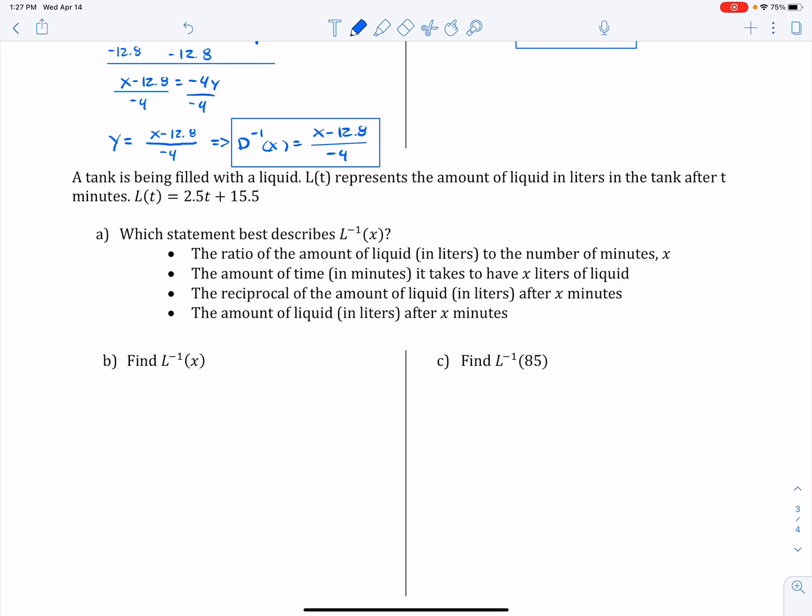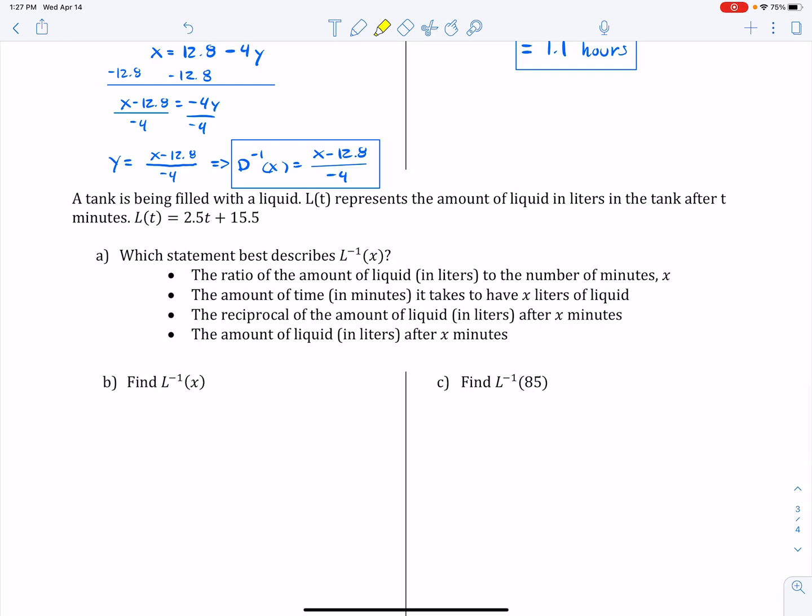It says a tank is being filled with a liquid. L of T represents the amount of liquid in liters in the tank after T minutes. So which statement best describes basically the inverse of what this statement is being given up here?